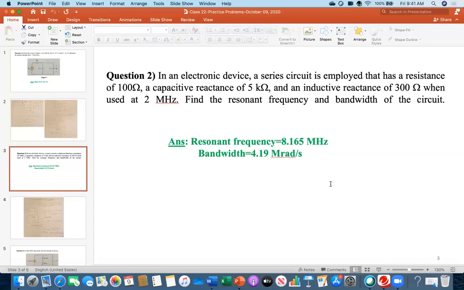So the resonant frequency is approximately 8.165 megahertz, and the bandwidth is approximately 4.19 mega radian per second. In both cases, same. Yes, sir, I think I got it now. Okay, so both results are correct. Yes, sir. Okay, great.